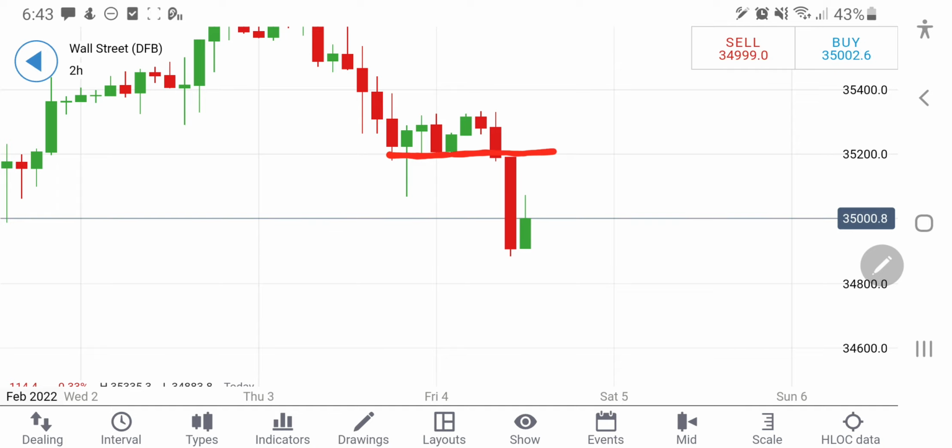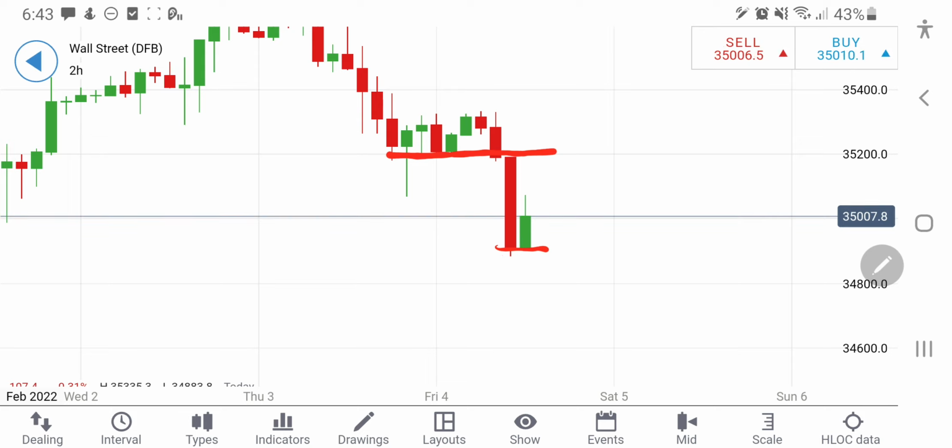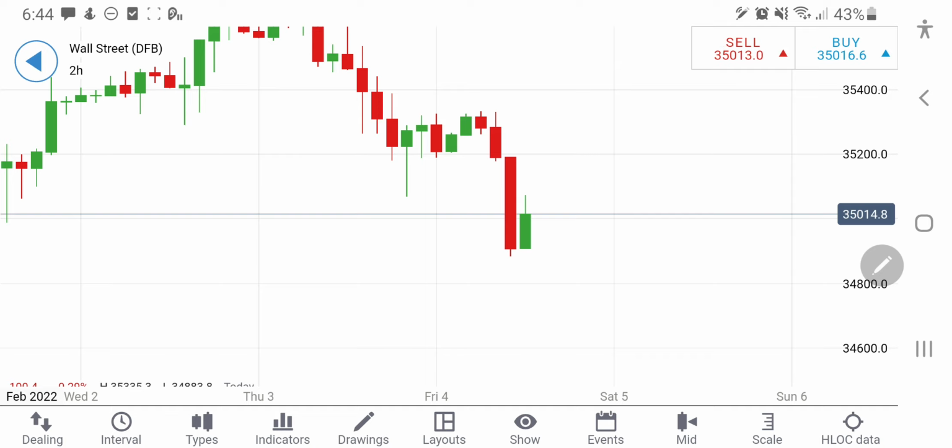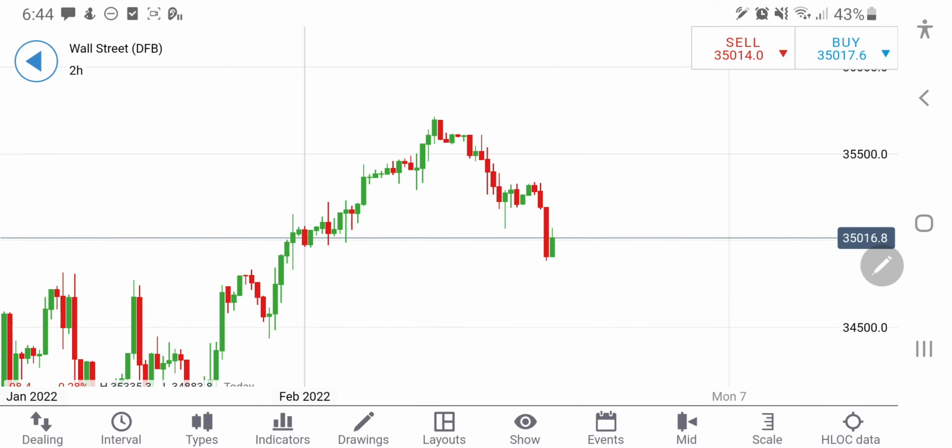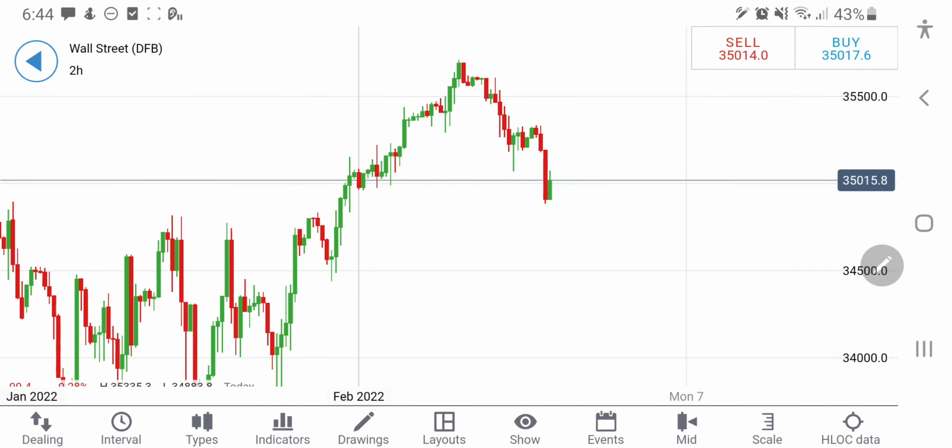Beyond that, 35,350 will again be on cards. This is one expectation, and any break below 34,900 or 880 zone, definitely there will be a stronger drop. Remember my words, below 34,880 definitely there will be a stronger drop, and beyond 35,200 we may see a stronger rise. So this is what we can see on the 2-hour charts.